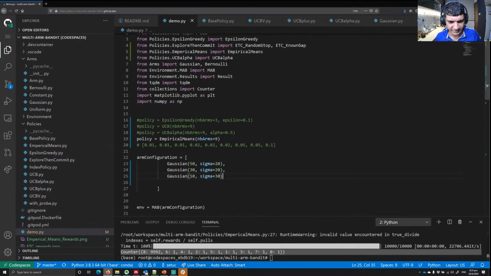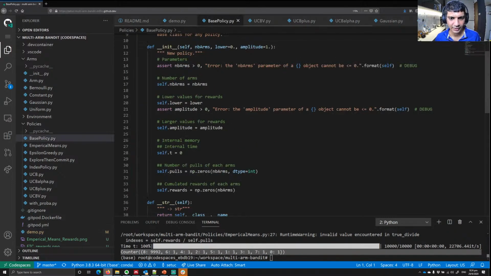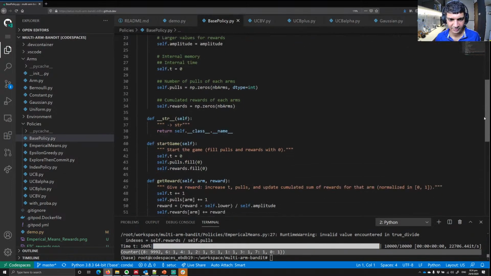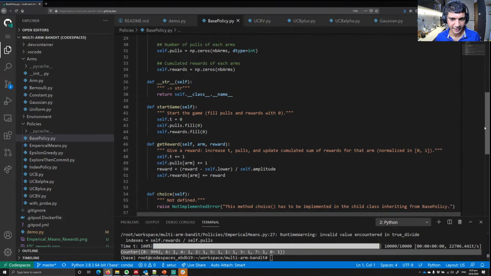I think this might not work out. Okay, so let's pick 70 and a distribution of 30. In this case my lower value could be 10. My amplitude is certainly not going to be 1, so I just need to give my lower and upper values.